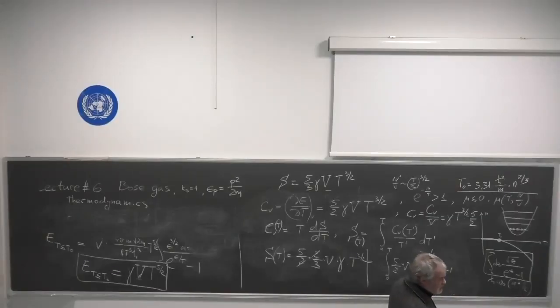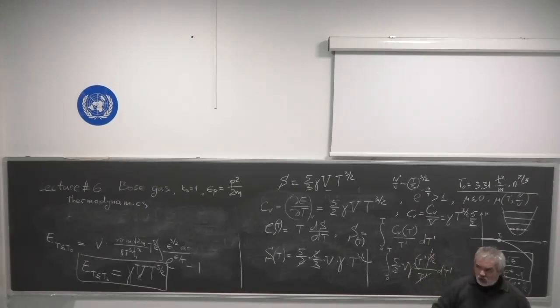Well, C_V and C_P correspond to different specific heats defined at constant volume or constant pressure. In the next minute, I will write the Gibbs free energy. And the Gibbs free energy allows you to define C_P as well for the ideal Boltzmann gas. You need to define the difference between C_P and C_V. I leave this to you as an exercise.